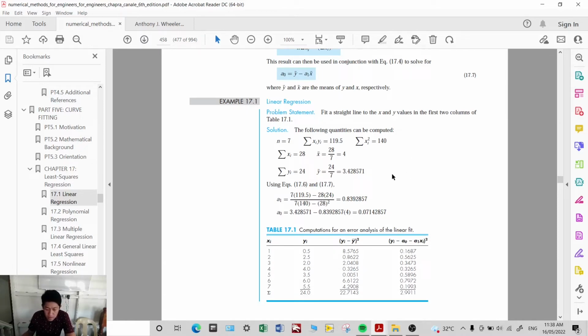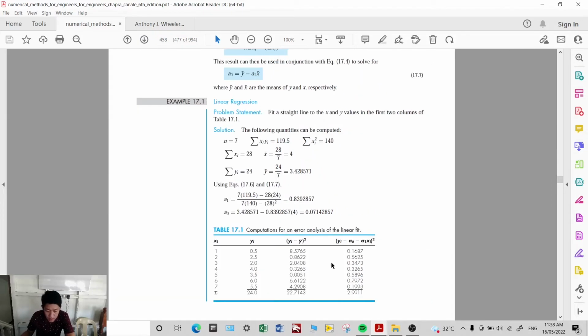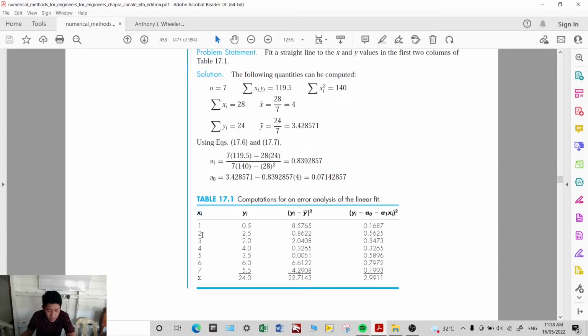Okay, so table 17.1, you have these data points. You have 7 data points, represented by x sub i and y sub i.